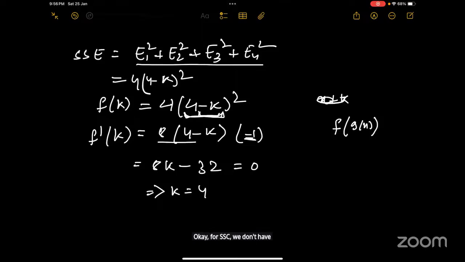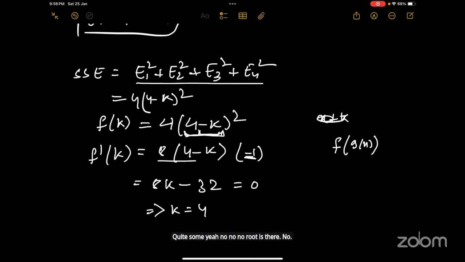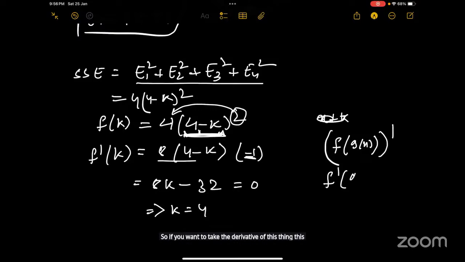How does the 8 come here? I take the derivative of this thing, so the power will be multiplied here with 4. If you want to take the derivative of this thing, it is basically f dash of g(x) into g dash(x).